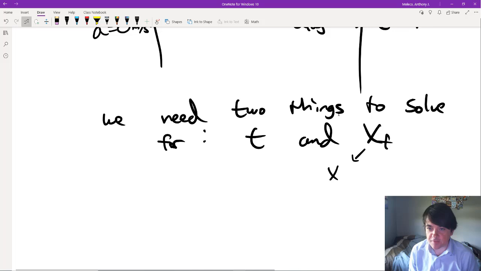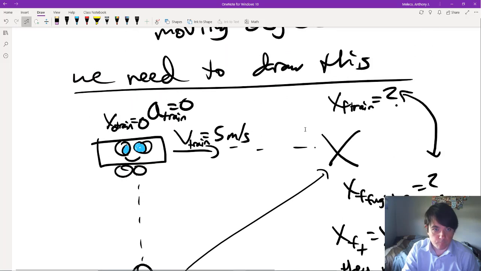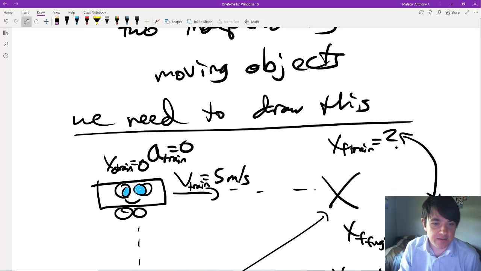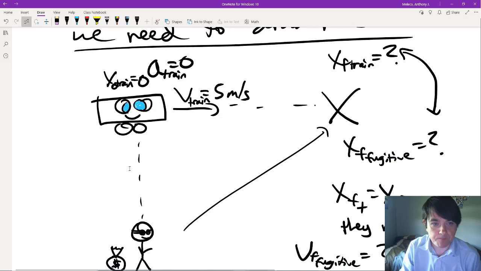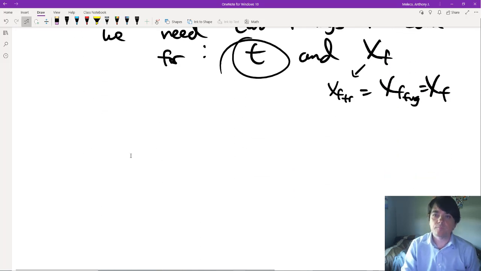So we have x final train equals x final fugitive, so I'll just call these both x final. Time should be the same for both as well, right? Because it doesn't tell us anything different. It's not like it says the train will take this much time, the fugitive takes this much time. So we need to pick an equation.